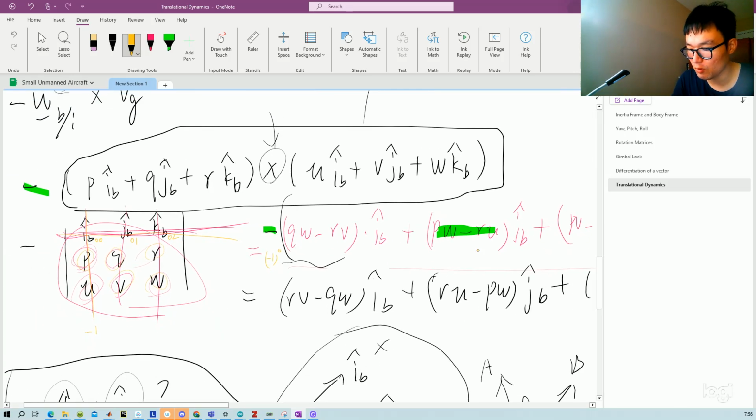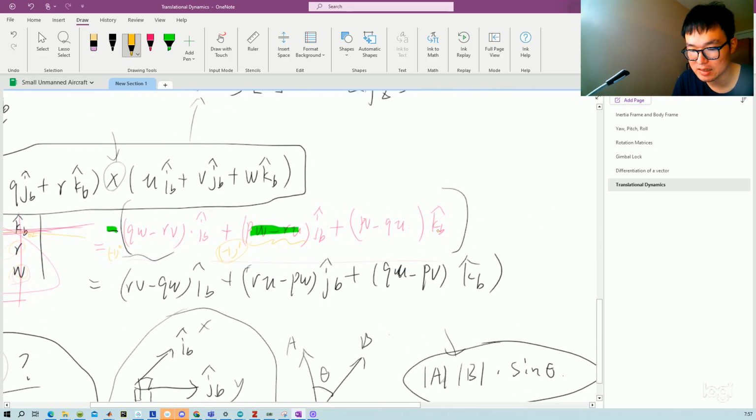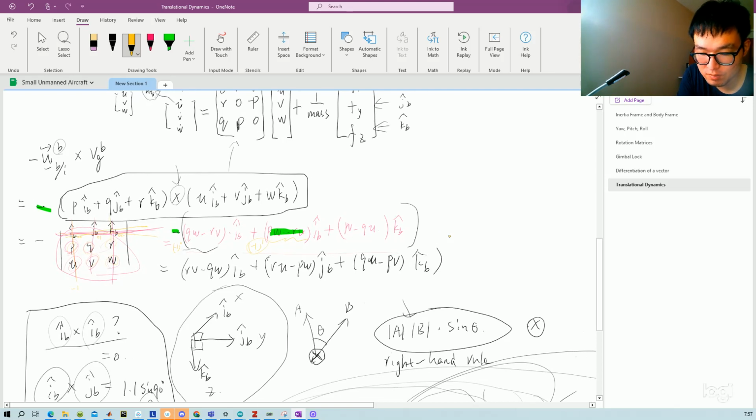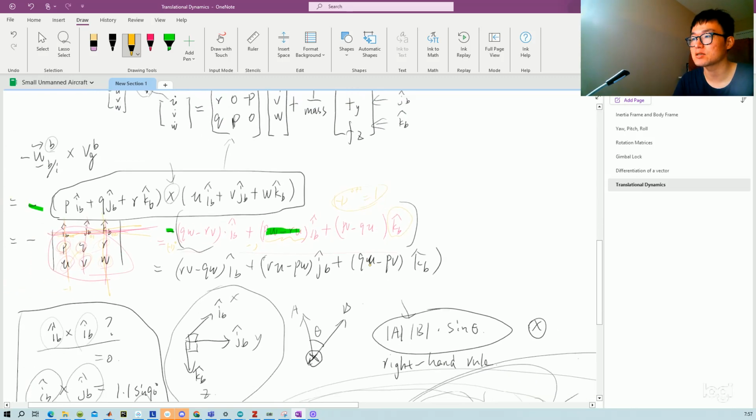And then when you have this term, you apply -1 to the power of 0 plus 1, that's 1. That's where this additional -1 comes from, that I missed last time. And when you cross the k part out, meaning you are computing the k direction, it's PV minus UQ, and this is -1 to the power of 0 plus 2, which equals 1. So this is where I missed that -1 in the last video.